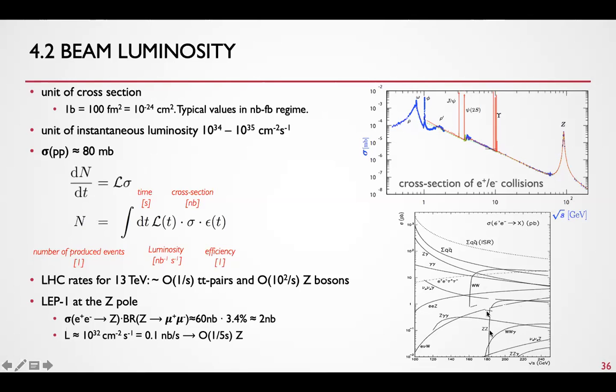A Z boson has 90 GeV, so 2 times 90 is 180. So once you have more center of mass energy than the masses of these particles, they start to appear in your detector, although at an extremely low rate of just 1 picobarn.